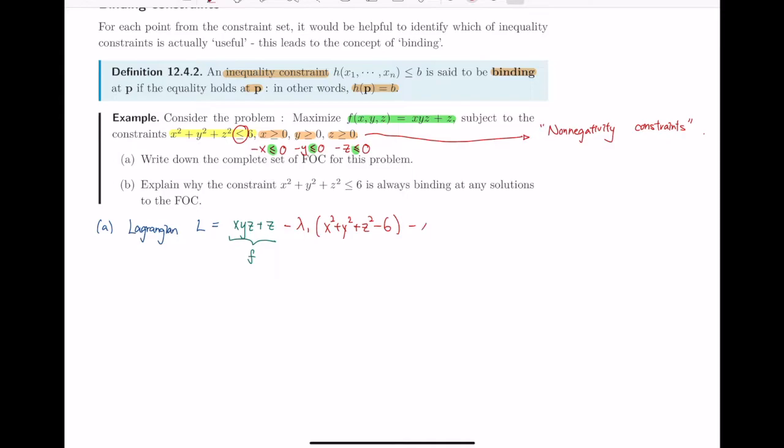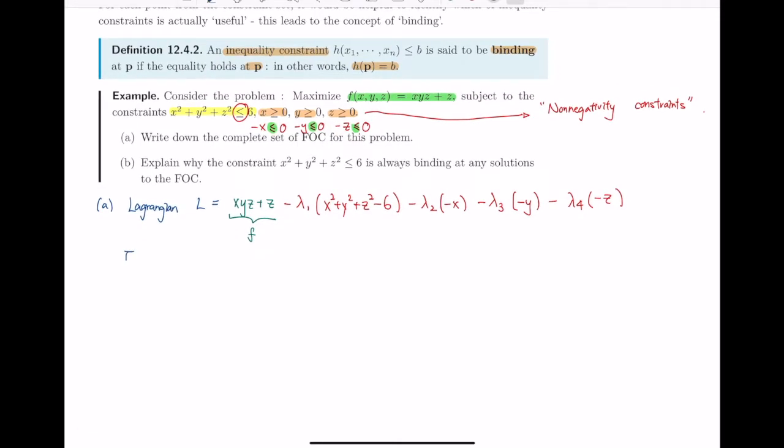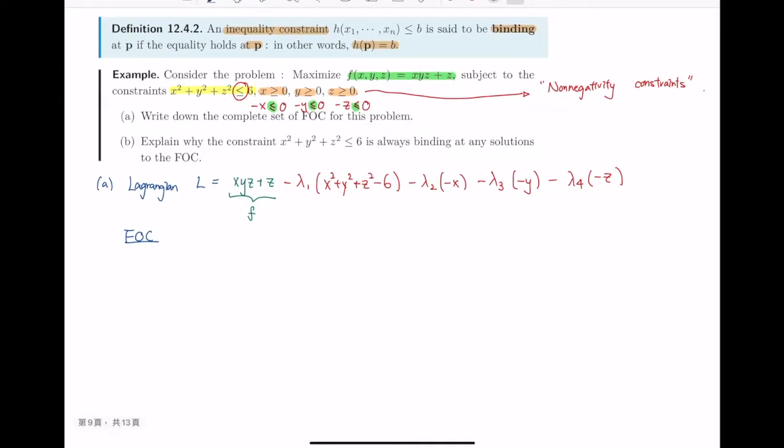And then minus lambda 2, the next inequality constraint is minus x less than or equal to 0. So we just put minus x. And that's all. Lambda 3 minus y, lambda 4 minus z. Okay? And then the first order conditions. Remember, we have 4 kinds of first order conditions.